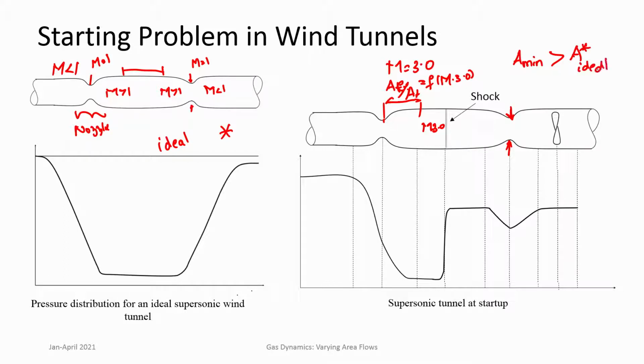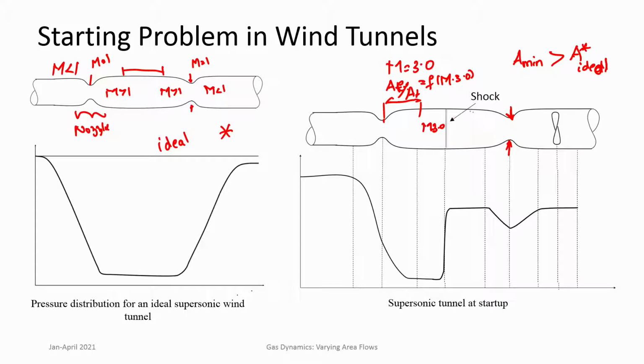Okay. So, this is the main criteria by which the design of diffusers of wind tunnels is done, so that you get the appropriate Mach number required within the test section.